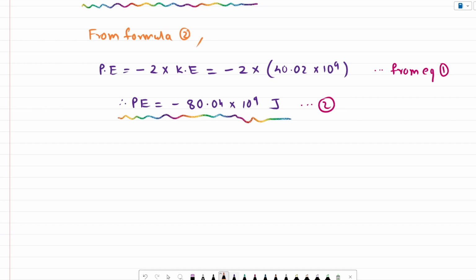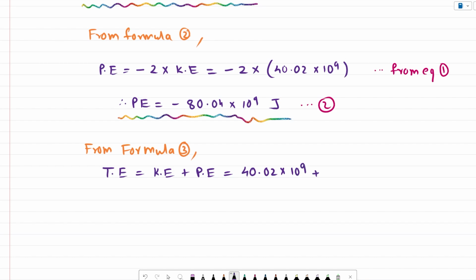First, from formula number 3, let's calculate the total energy. From formula 3, I can say total energy for an orbiting satellite is the summation of its kinetic energy plus its potential energy, and we already know the values. Kinetic energy of the satellite is 40.02 into 10 raised to 9, and the potential energy is minus 80.04 into 10 raised to 9, and we got these values from our equations 1 and 2.